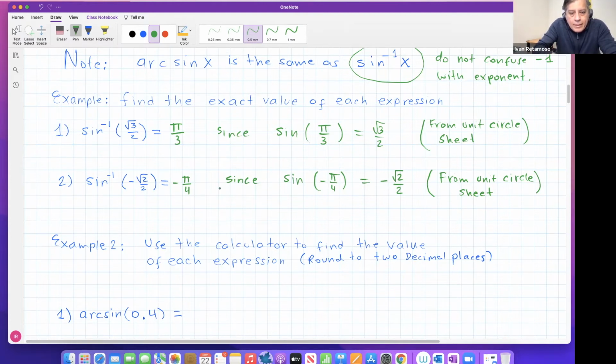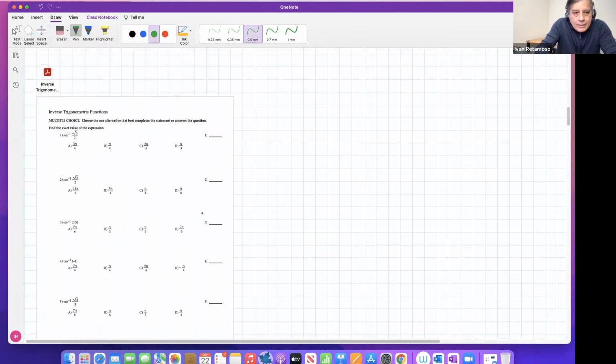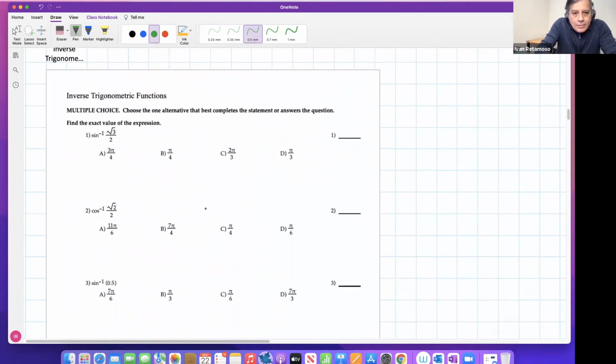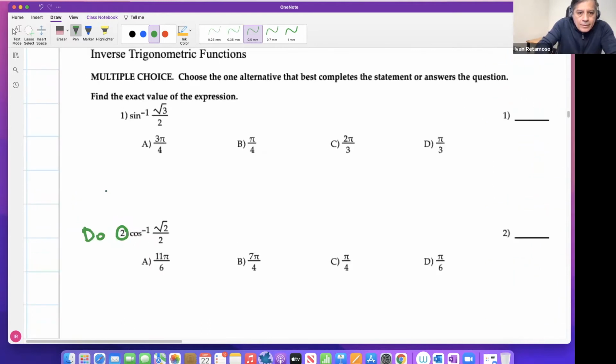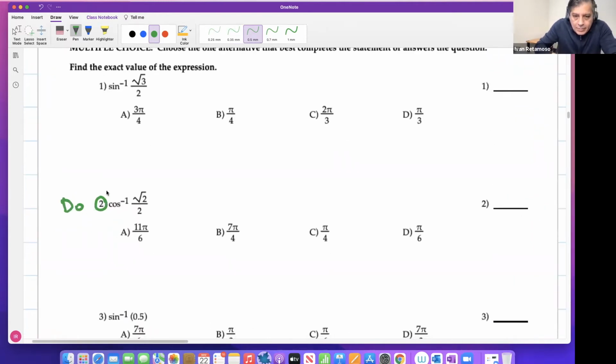Before we move on, I'm going to ask you to do some exercises here. Can you try using your unit circle to figure this out? Let's start with number 2. Use the unit circle sheet. I'm going to put it out here.